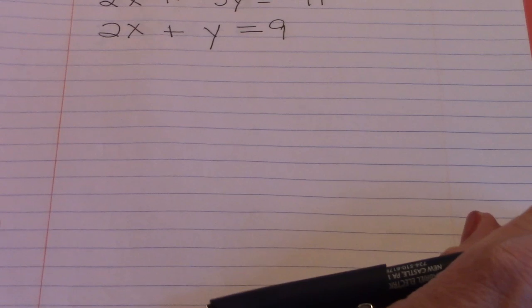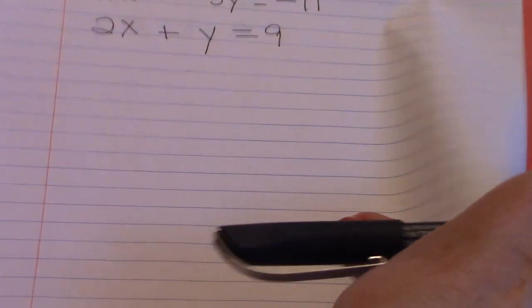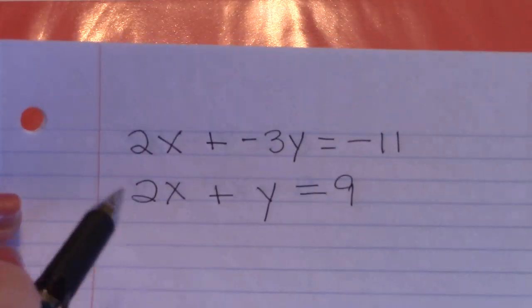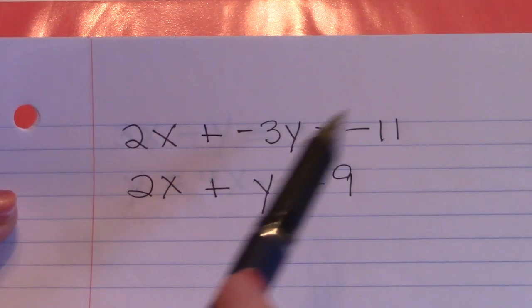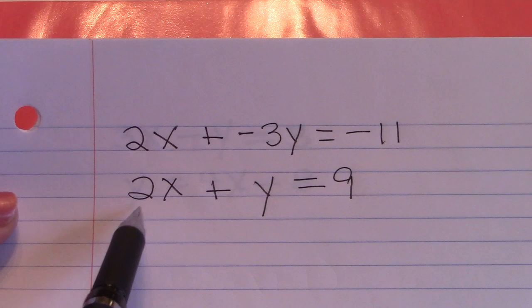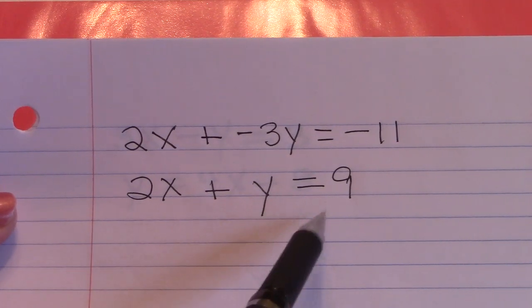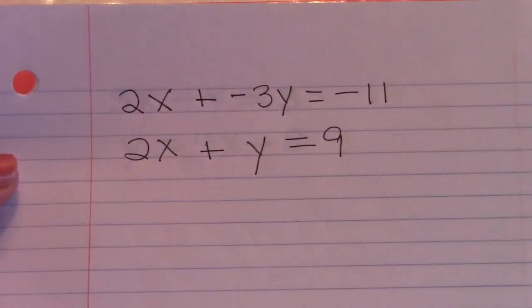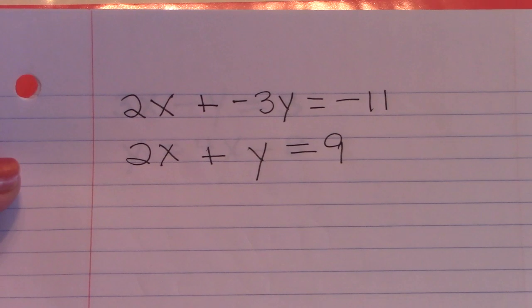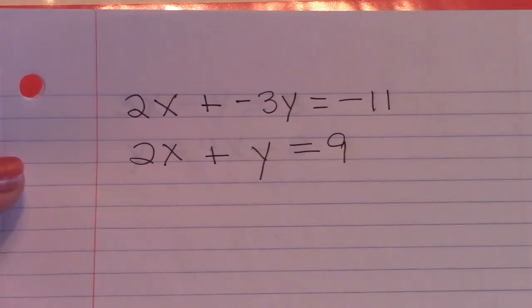Let's do it again. I've got my two equations. 2x plus a negative 3y equals 11, and 2x plus y equals 9. Well, neither of these have a variable that is isolated on a side by itself.